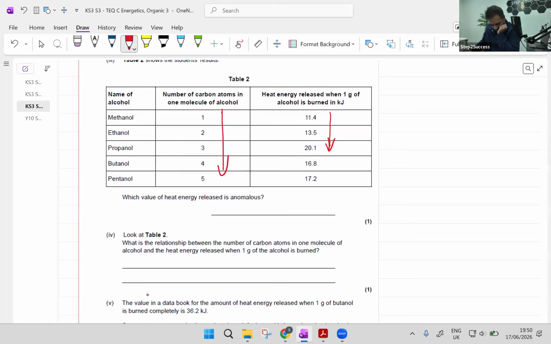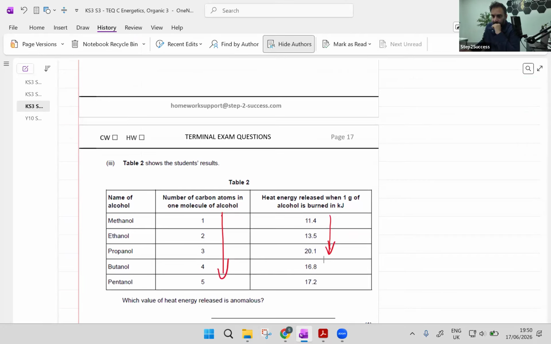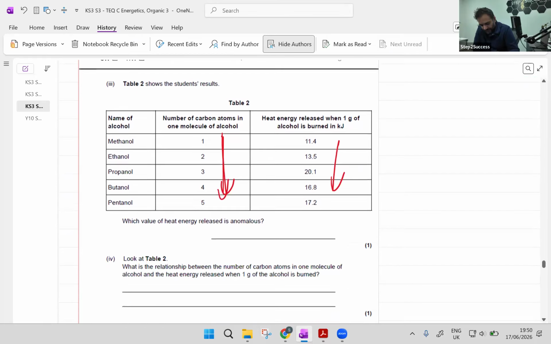How do you answer this? Okay, it should be that it increases. So as the number of carbon atoms increases, the heat given out increases. Fine. So all you need to say is as that increases, even though there's a slight problem in this table.